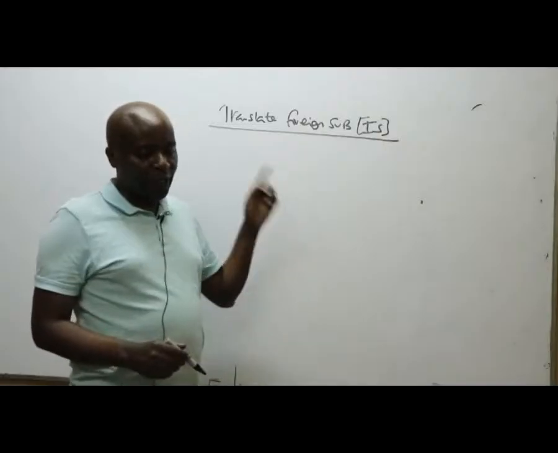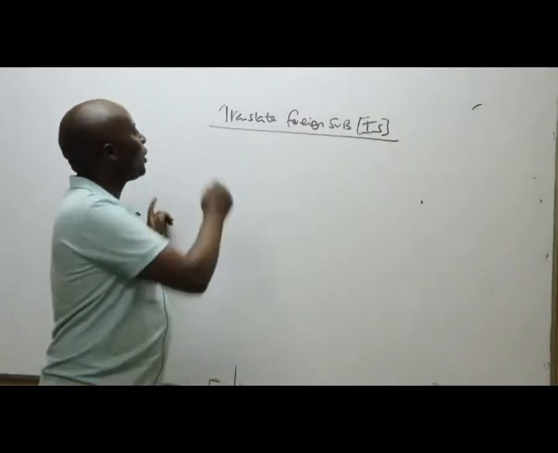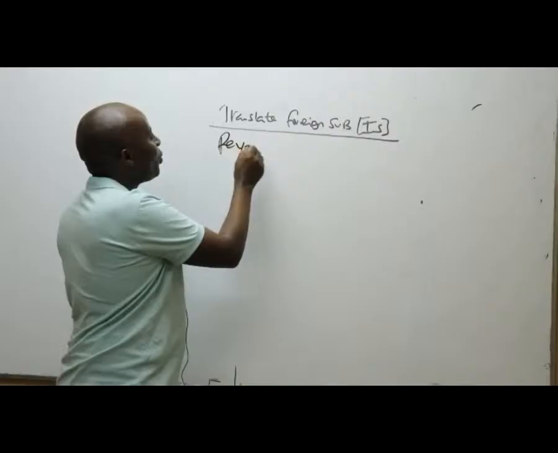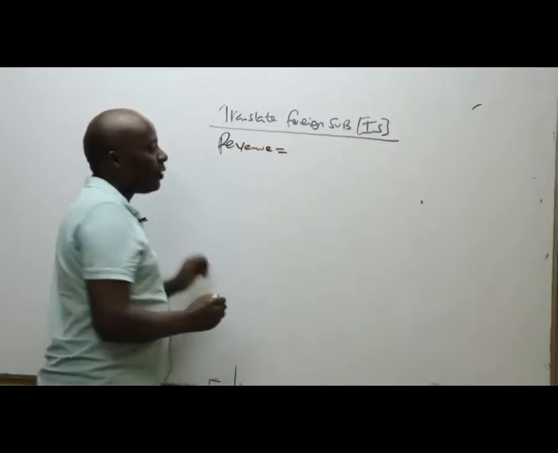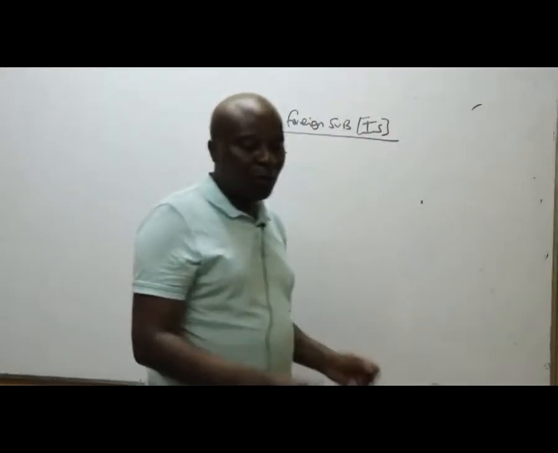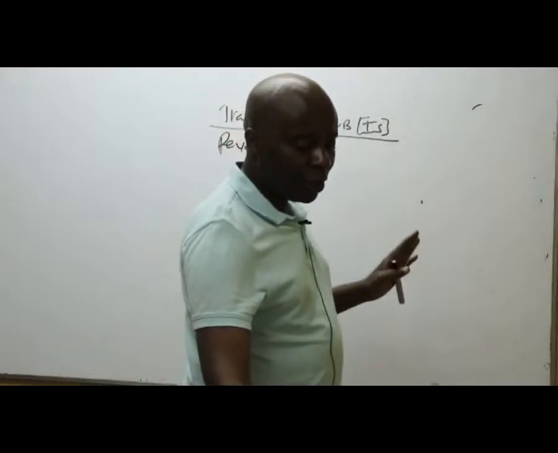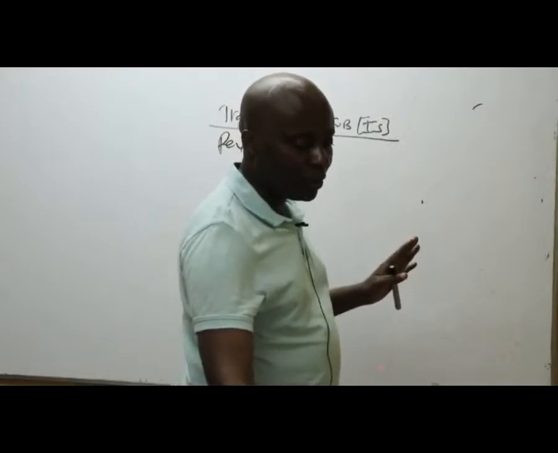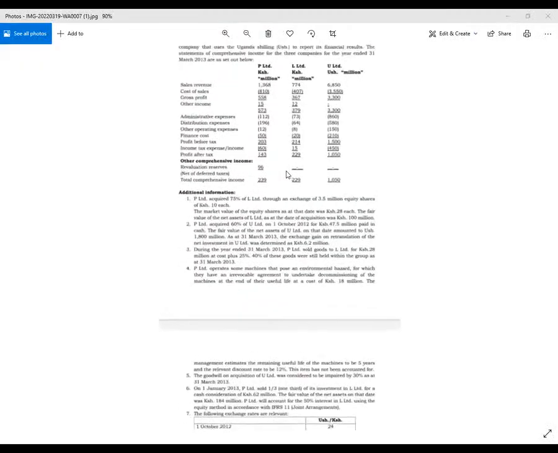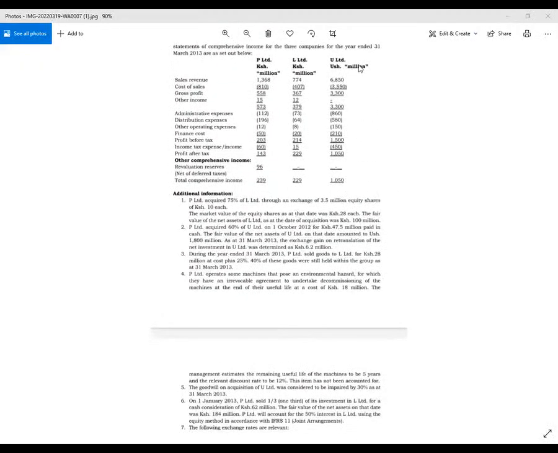Expenses of the foreign subsidiary. So we start with revenue. Revenue, you simply go on there. Don't even make any adjustments. We agreed with yourselves here. Actually, the first one is 68.50.